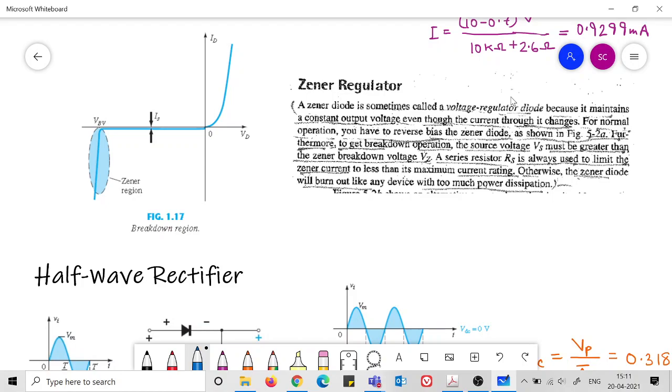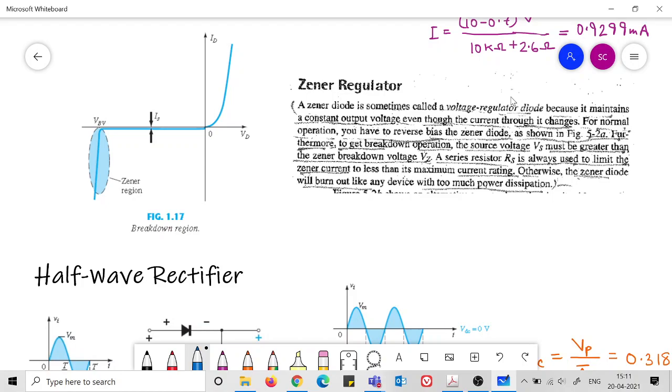Here, after you cross the knee voltage, the voltage keeps on increasing a bit. As the current increases, the voltage is also increasing across the diode. For our approximations, we don't consider that, but in reality there is an increase in the voltage. But in the Zener region, there is no increase in the voltage.